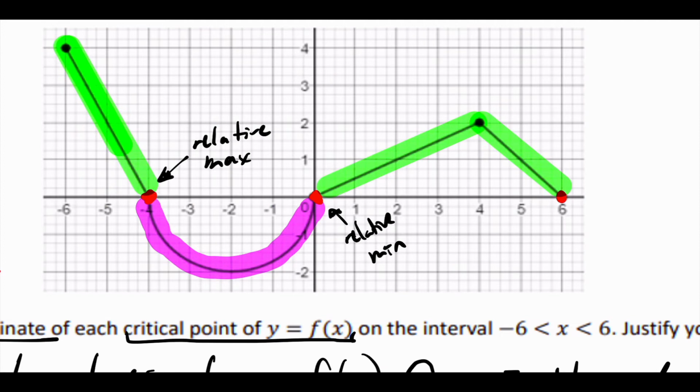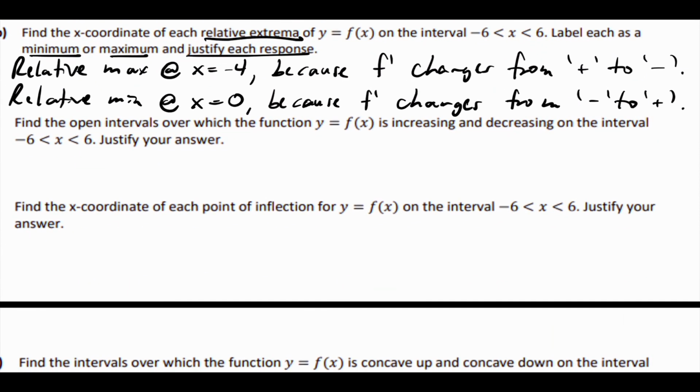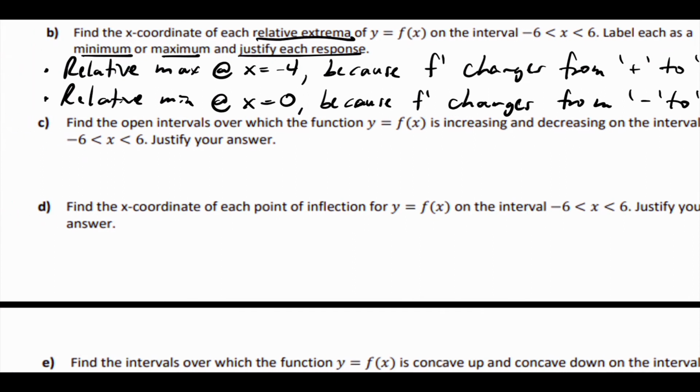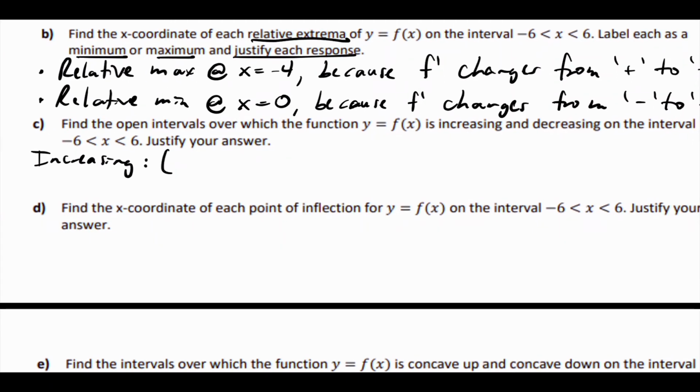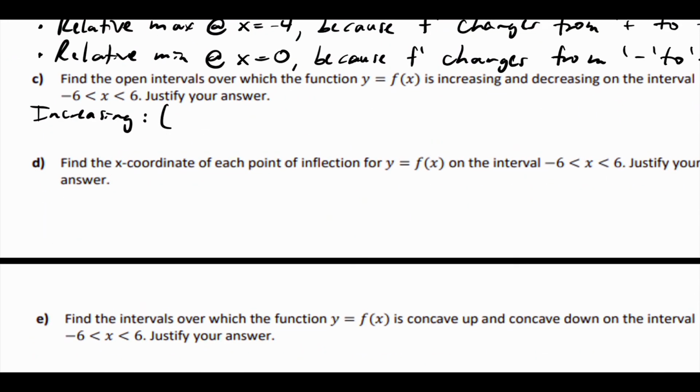So if f prime is positive, it's increasing. Okay? So let's make a little list here. Increasing from -6 to -4. You don't need to look up here. Look at your picture. You have the same picture I do.